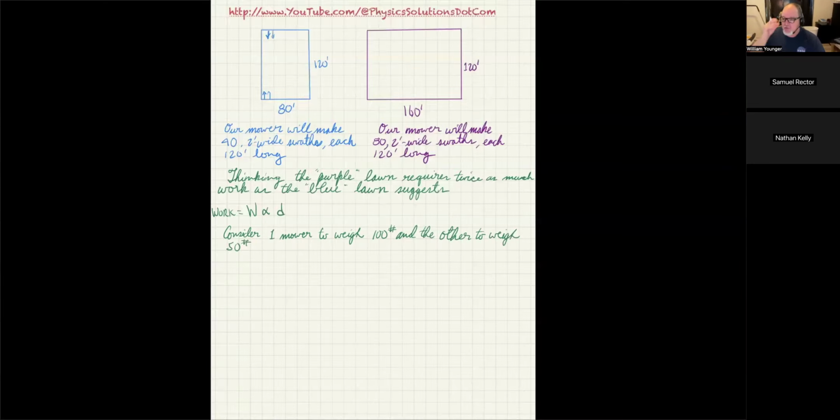Now let's imagine this scenario where the 100 pound one doesn't necessarily do any better work. It's got the same size engine and everything, but it's heavier. It's got a built heavier deck and stuff like that. So that would tell you that you're definitely going to put, in some sense, twice as much force into it.